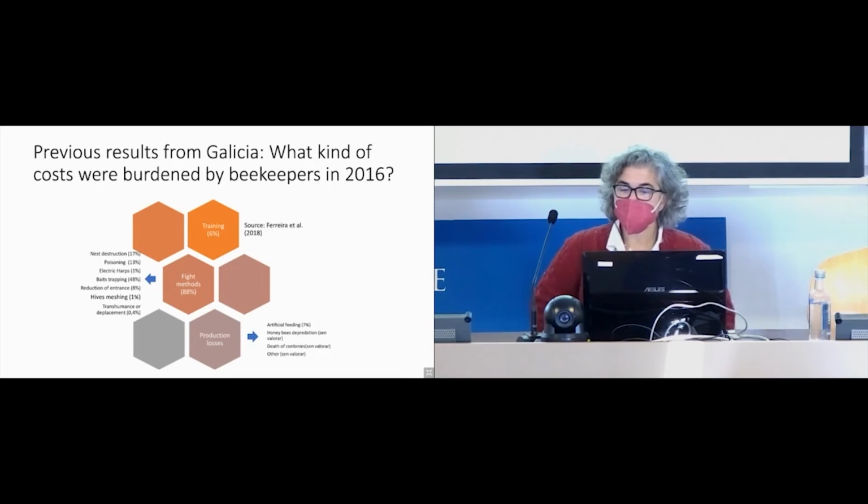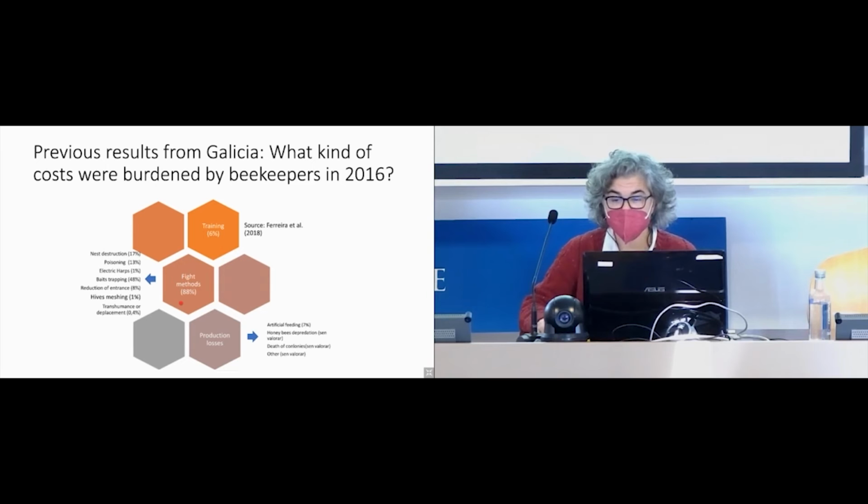Previous results from Galicia show us the different weight on losses, on costs, by the different issues that we have talked about before. For example, training in previous studies has been accounted for 6% of the costs supported or burdened by beekeepers.